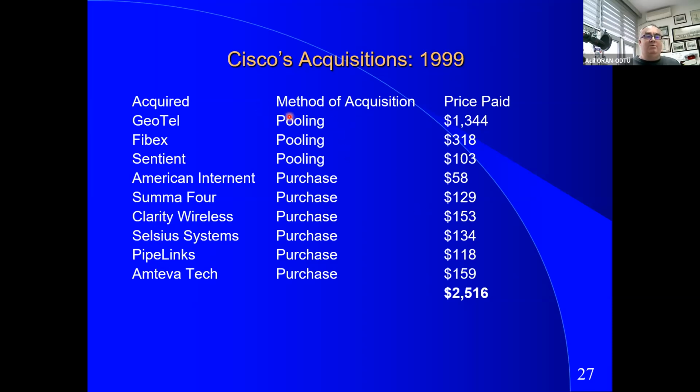The method of acquisition, pooling versus purchase accounting, is slightly different. In some accounting courses, you might find out more about these. But pooling is when you combine the financial statements as if they were always one and the same, whereas purchase accounting is just like you go out and buy it and add it to your company from that point on.